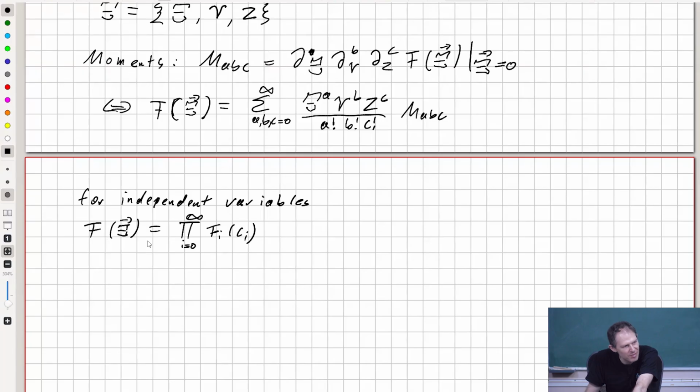Any idea? Logarithm, right. We'll now take the logarithm of the moment generating function.